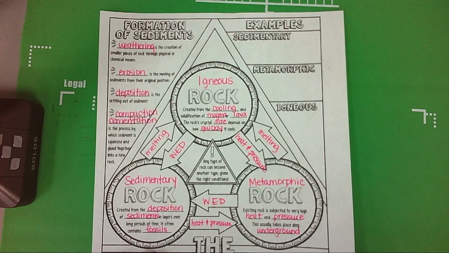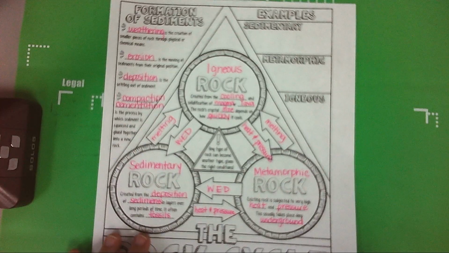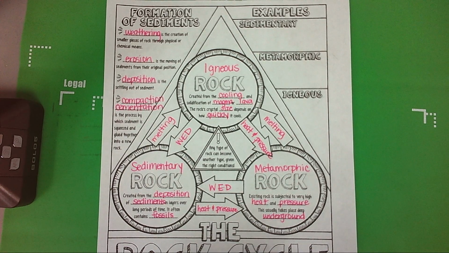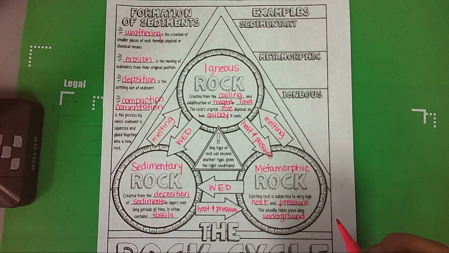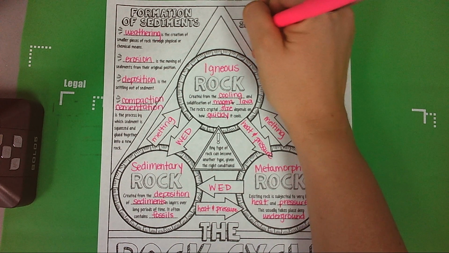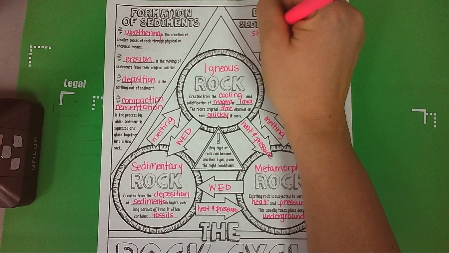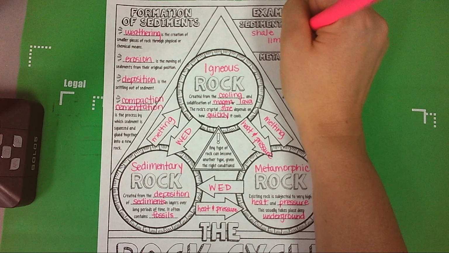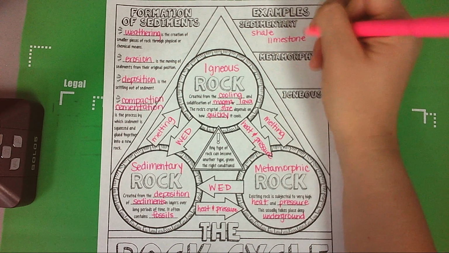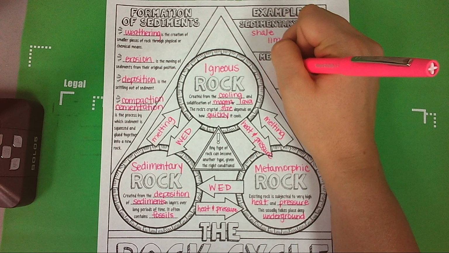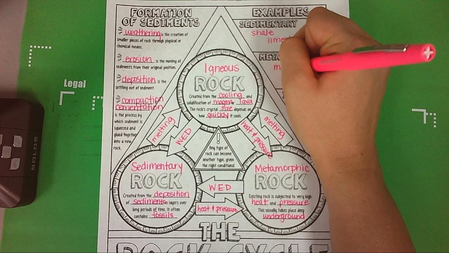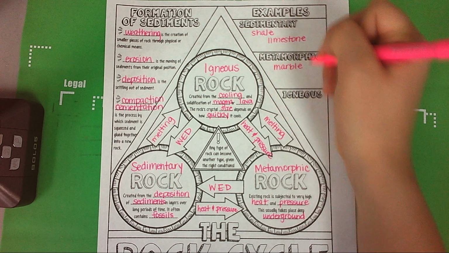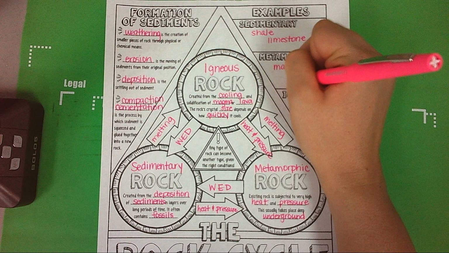Okay, so let's go through some examples. Now some of this you may not have heard before, but you're going to see these examples of rocks. Shale is one. Limestone is an example of sedimentary rock. Marble and gneiss are metamorphic.